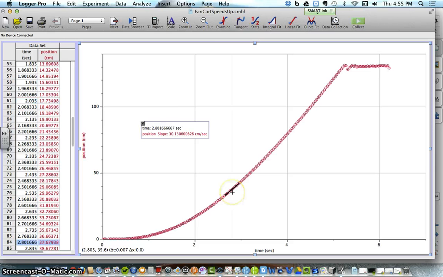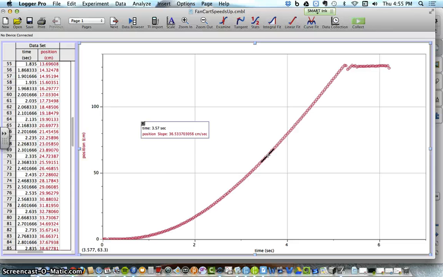And then gradually, the slope gets steeper. Now the slope is 30 centimeters per second at 2.8 seconds. And the slope gets even steeper later, 36.5 centimeters per second at 3.6 seconds. This represents the speeding up of the object as time goes on.